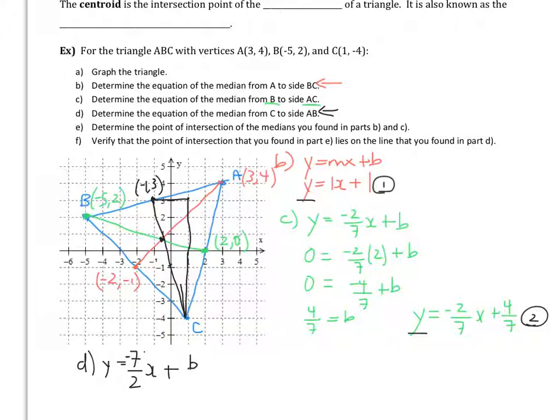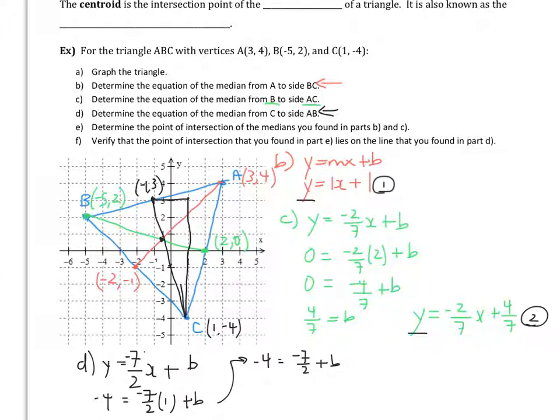So I'm going to sub in one of my coordinates. I'll pick the C value. I could use the midpoint, could use the C value. It doesn't really matter. That's going to give me -7/2 times 1 plus b, and that was equal to -4. Slide over here. -4 equals -7/2 plus b.